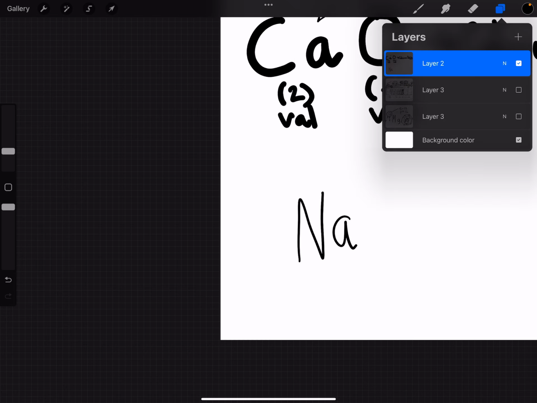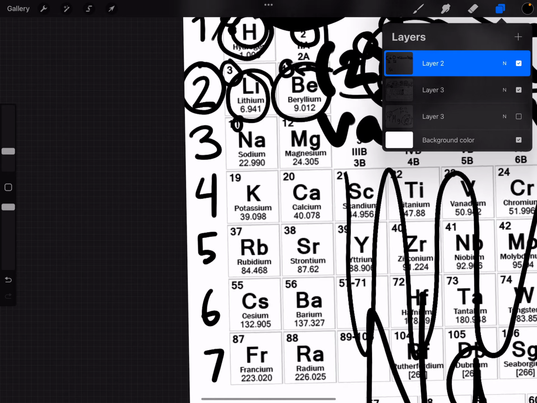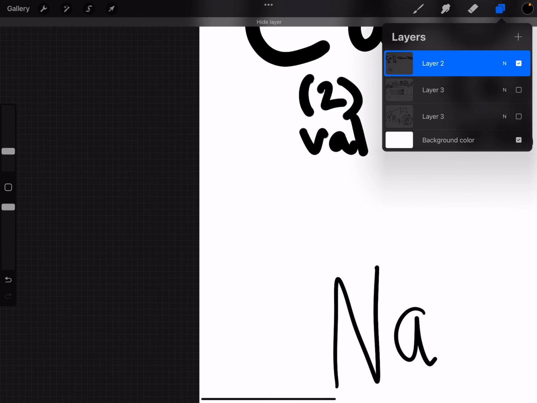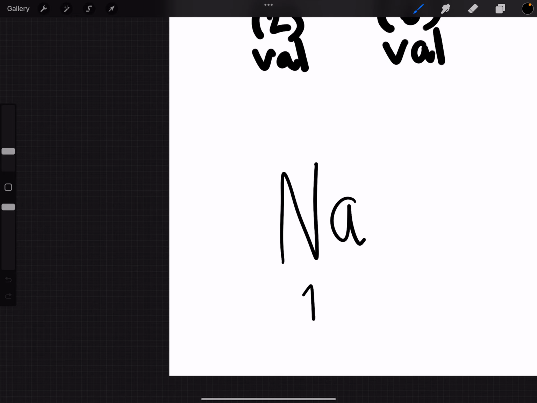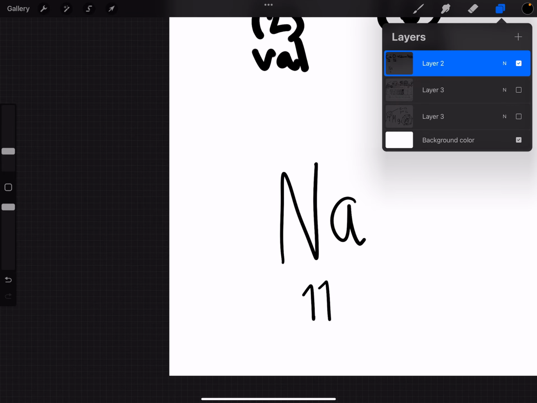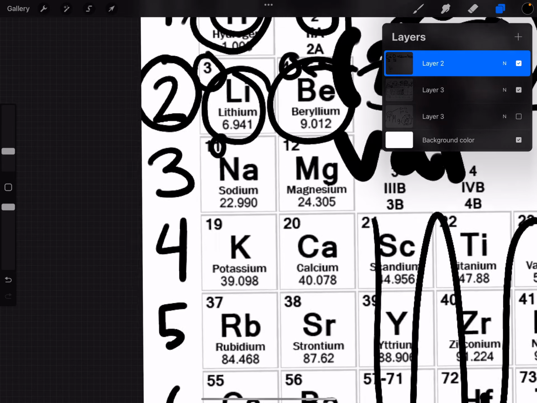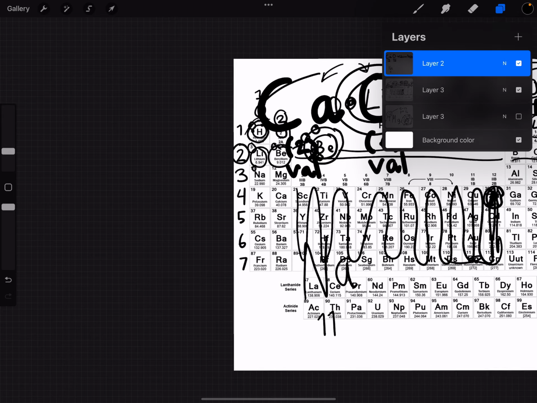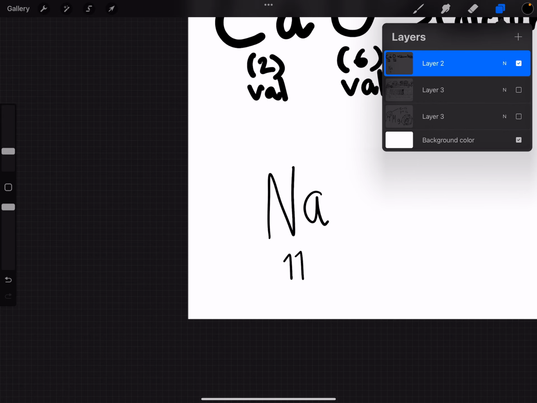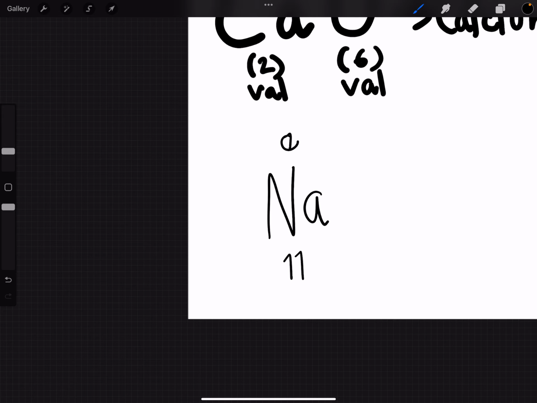Wait, I forgot to see what the number was. 11. Okay. So its number is 11, right? Wait, how many valence electrons does it have? It has 1. Okay. It has 1 valence electron.